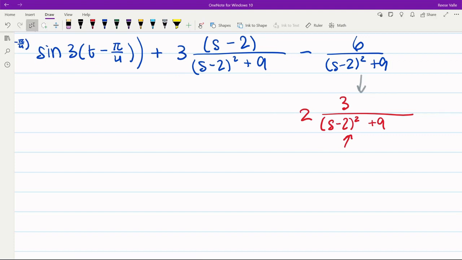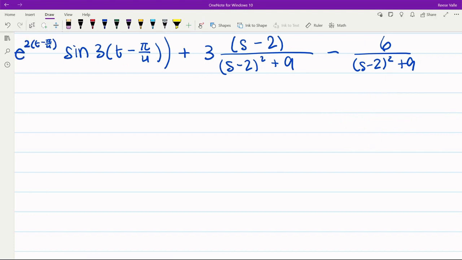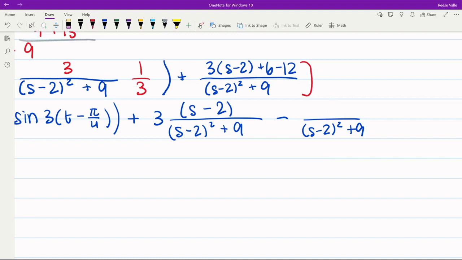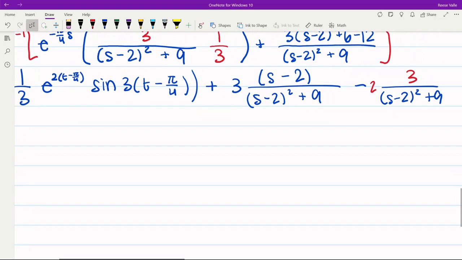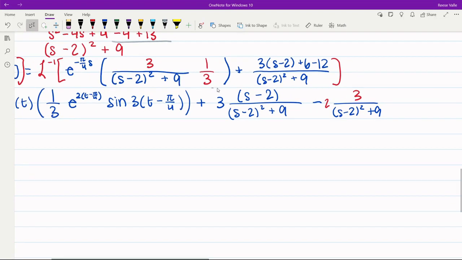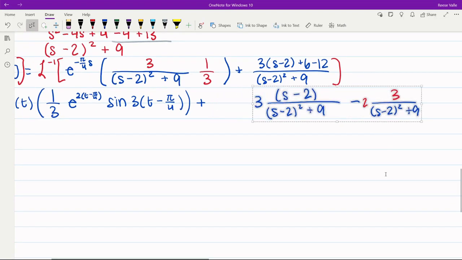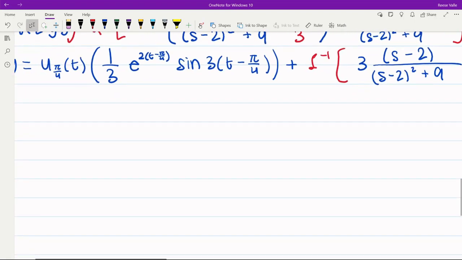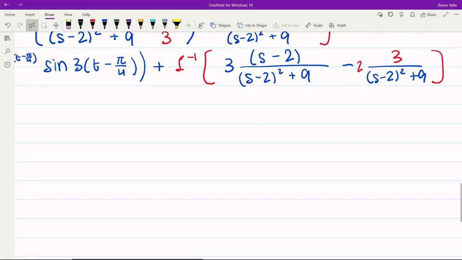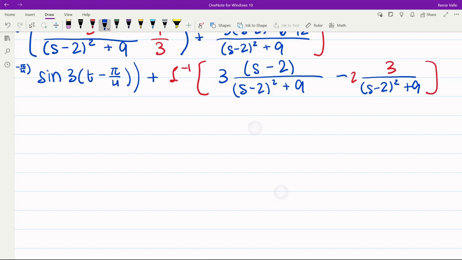So I'm going to erase everything. This is still Laplace inverse technically, because I didn't do that part. Okay, and we're just going to deal with the right side that I didn't do yet. So this is just going to be written as 3 e to the 2t.